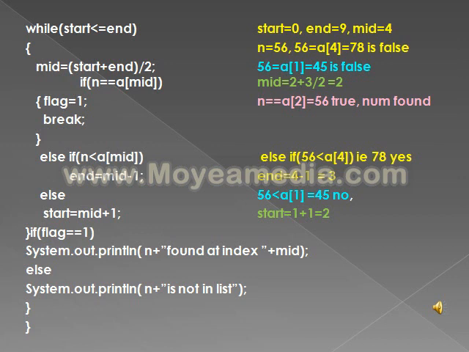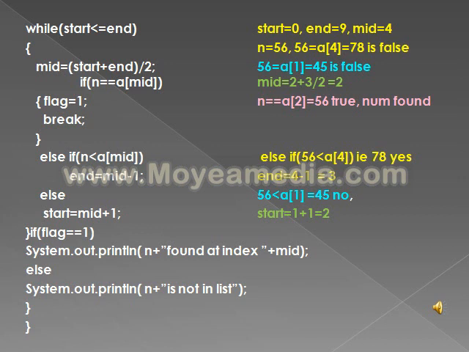So the else if statement is n is less than a of mid. So what is n? n is 56. So a of mid is 78. The condition is true. We are going to calculate now the end value. So end is mid minus 1. So mid is 4 already. 4 minus 1 is 3. Now the new value of end is 3.